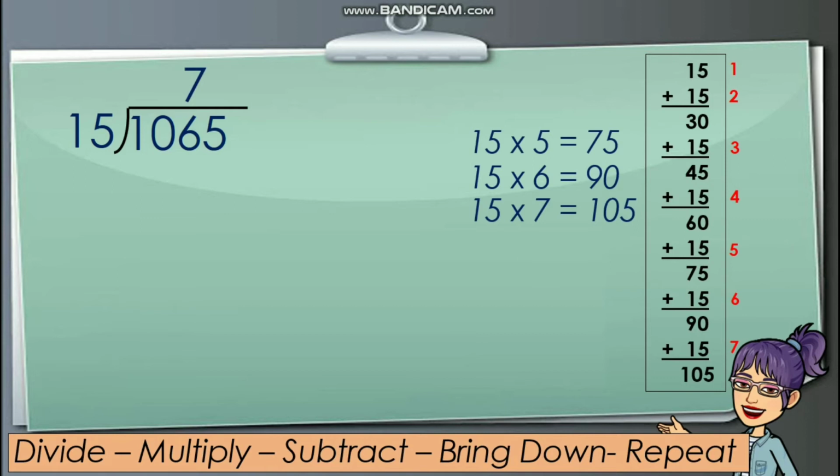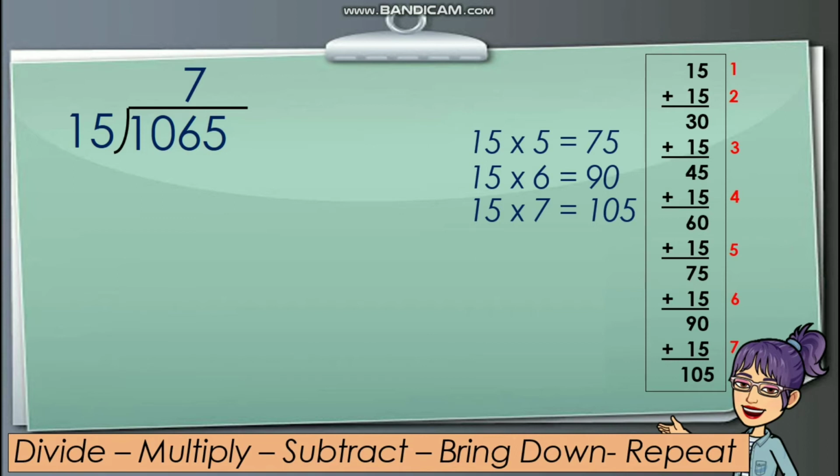As you can see, we count the number of times that we use 15 as our addends. So that is still equal to the multiplication table that we have here. We found the sum of 105 in the 7 times that we add 15. So 106 divided by 15 is 7.